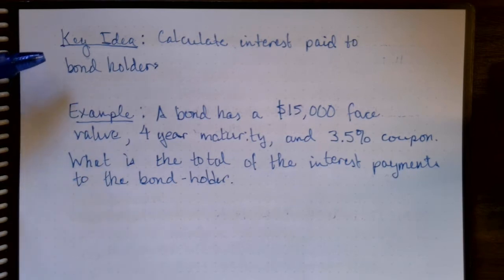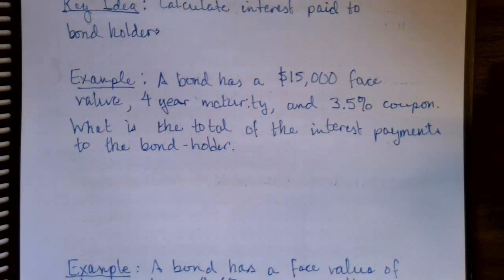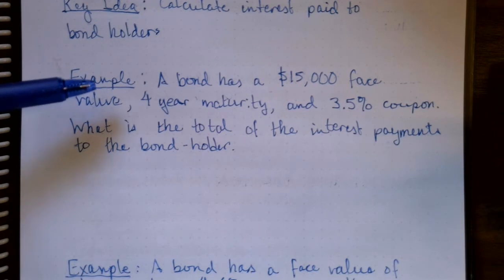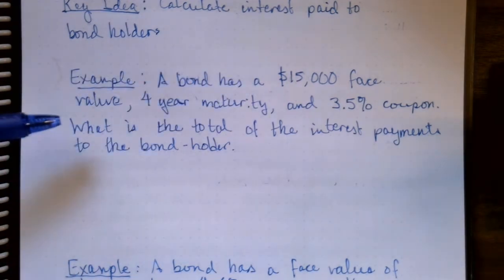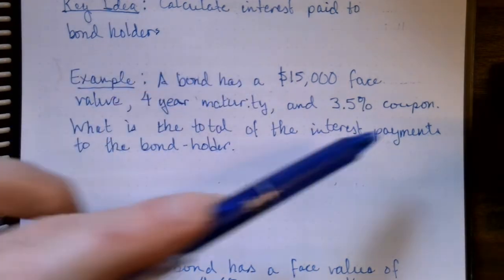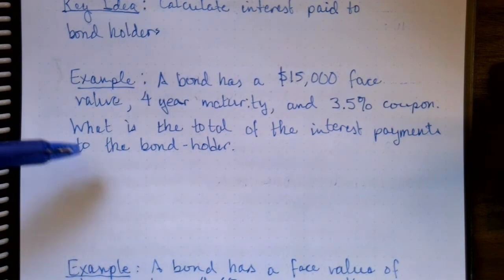So the key idea that you should take away from this video is how to calculate interest paid to bond holders. And remember, a bond is a little loan. It's a simple interest loan. So we actually know all the steps we need to do to calculate this stuff. Okay, so let's say a bond has a $15,000 face value, 4-year maturity, and 3.5% coupon.